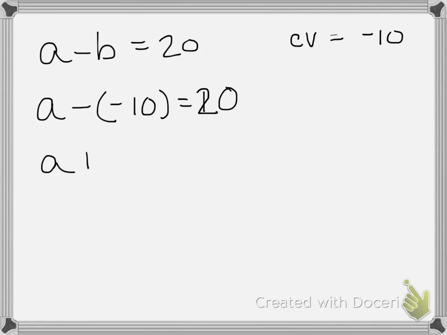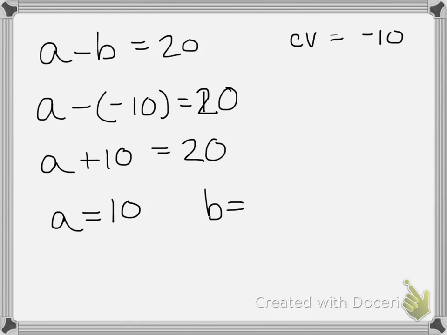So that's A plus 10 is equal to 20. So A, subtract 10 from both sides, is equal to 10. And like I said, our B, we substituted in our critical value, which was negative 10.